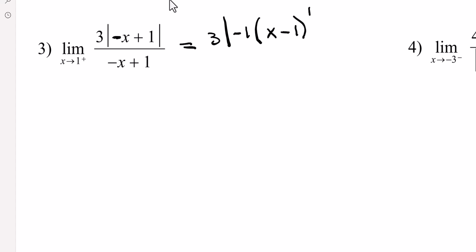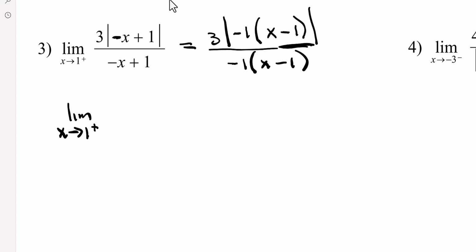I'm going to do the same thing down here. I'm going to factor out a negative 1. And then that gives me x subtract 1. Okay. But now I can take the absolute value of this negative 1. The absolute value of negative 1 is 1. 3 times 1 is 3. So now we have the limit as x approaches 1 from the right.